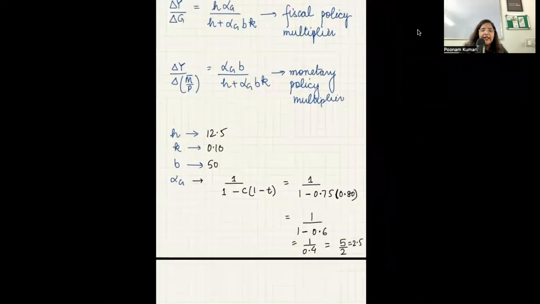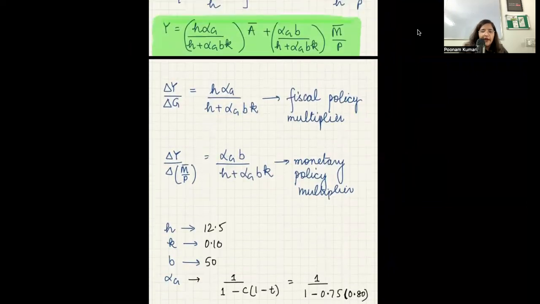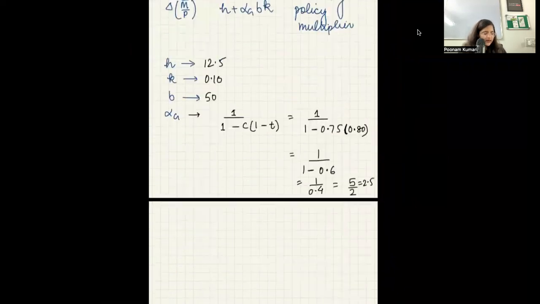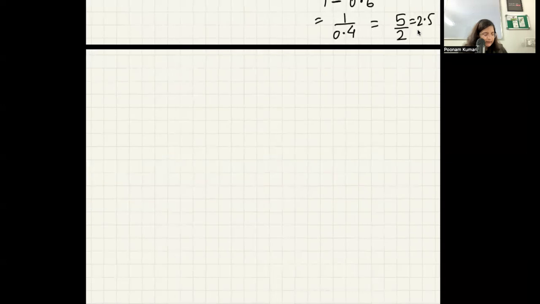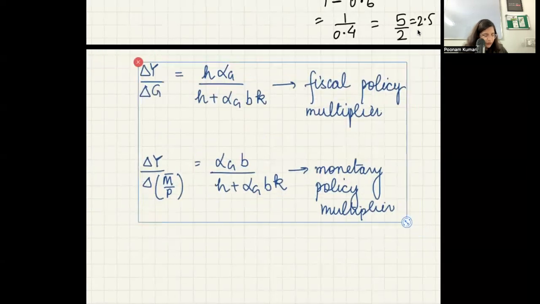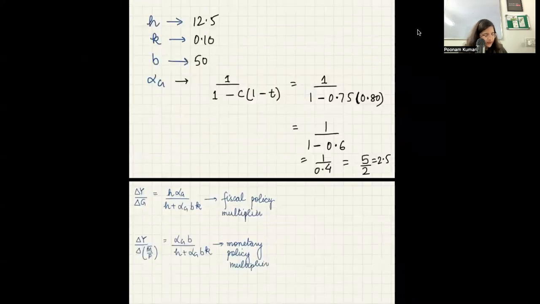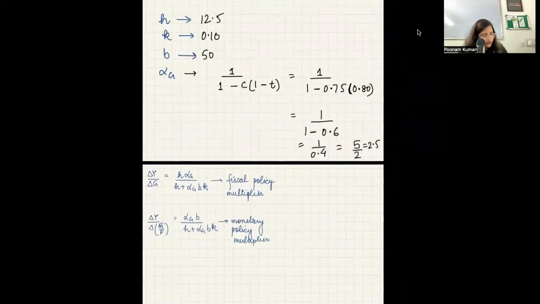So we have all the values that we need in order to find these. Let us just put these values here and we are done. You only have to put the values here and your work is finished. Just see what the values are. H is 12.5, K is 0.10, B is 50, alpha G is 2.5.